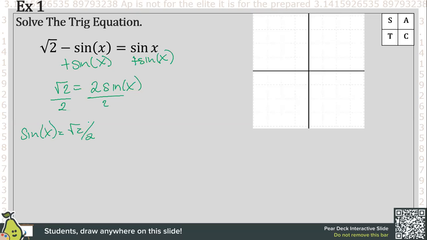Now, by now, guys, I should have written a theta, but you should know a value of sine that gives you square root of 2 over 2. This should be something like clockwork, right? We should be able to know that this is actually when x is equal to 45 degrees.